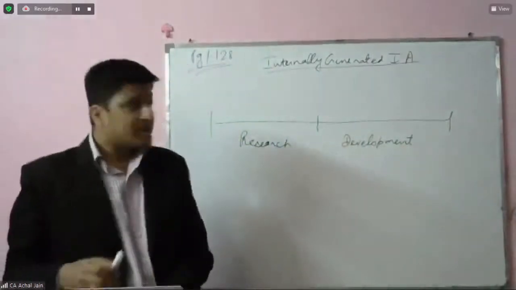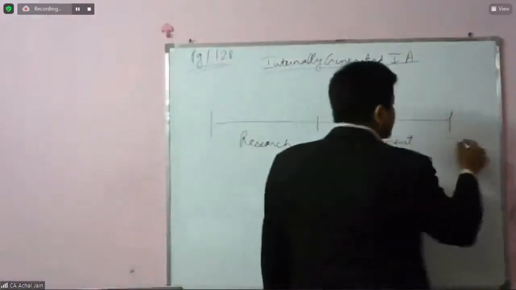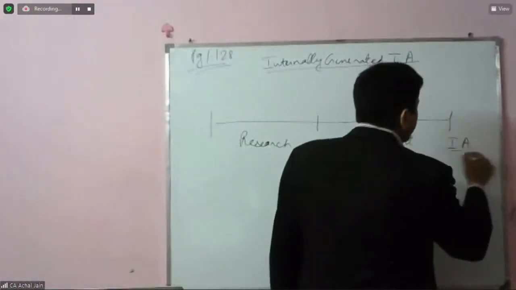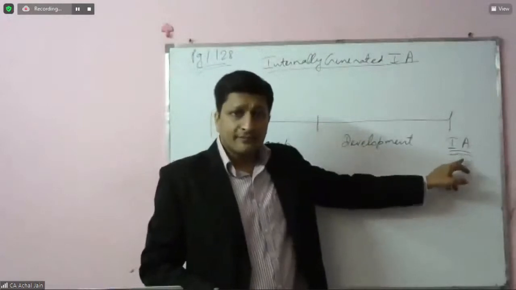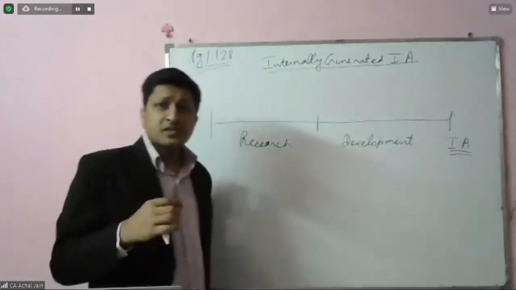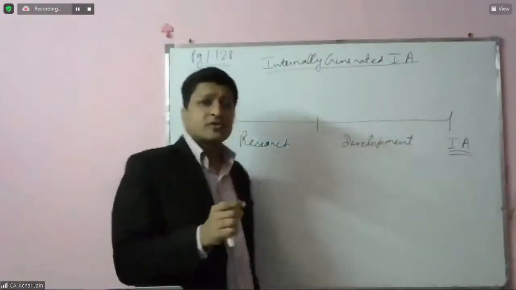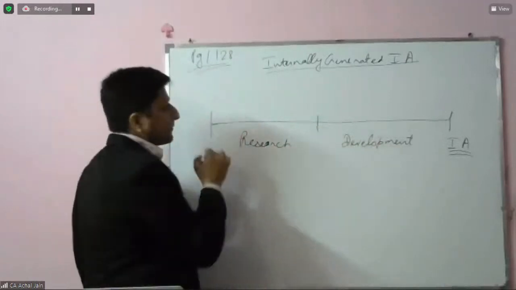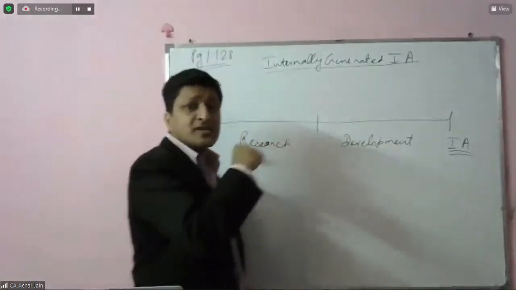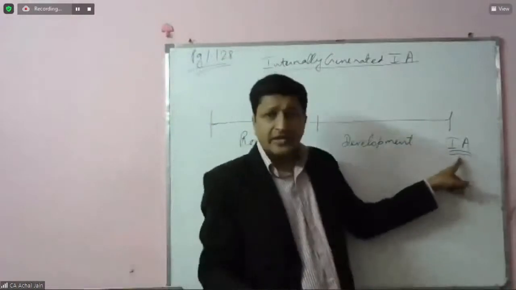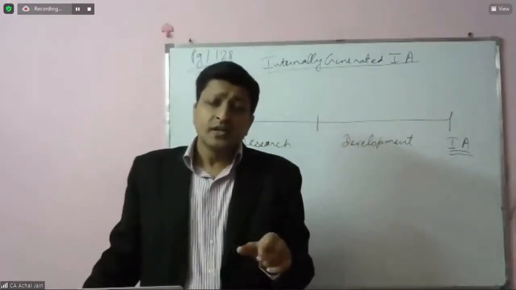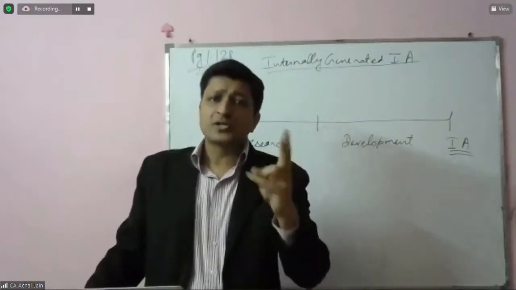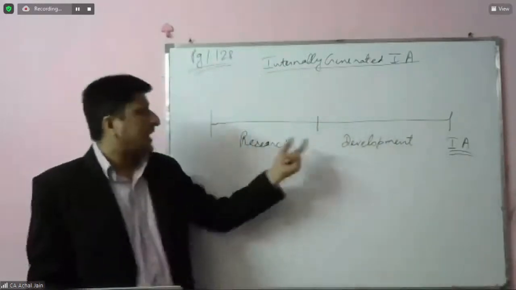So when would the intangible asset become ready? It becomes ready over here. But before this, its generation process starts from here. So it's a long process which is required for generation of an intangible asset. Now, during this process, this intangible asset will pass through two stages: research and development.